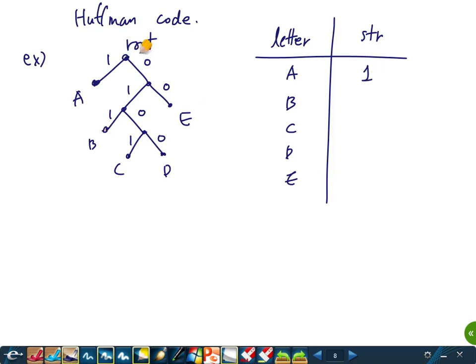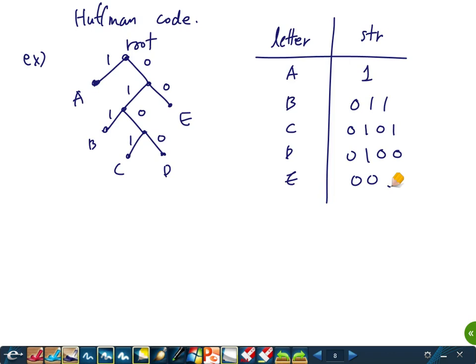You can travel from the root to B in this way, and then you just write down the labels that are on the edges. So 0, 1, 1. What about C? 0, 1, 0, 1. And D, 0, 1, 0, 0. 0, 0 for E. So this is the code. So this is a Huffman code.